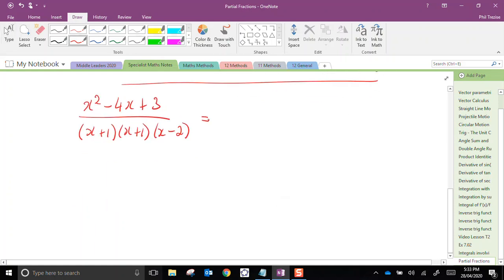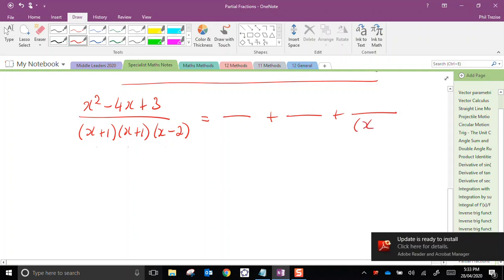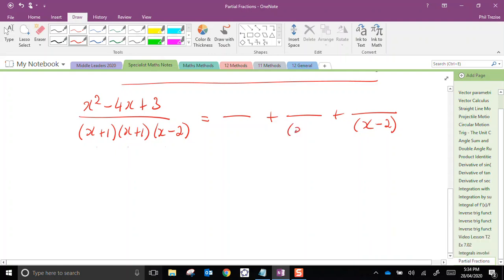So when I decompose this one, you would expect there to be 3 terms because there were 3 linear factors in the denominator, and that's true. So you would have an x minus 2 over in that point. You'd have an x plus 1 in this point. Now you might be tempted to call this one x plus 1, but the trouble with that is it's a repeated term and it's not going to give a unique answer for the numerators a, b and c.